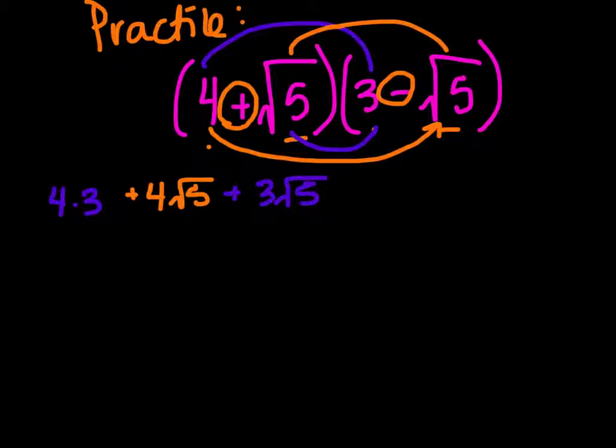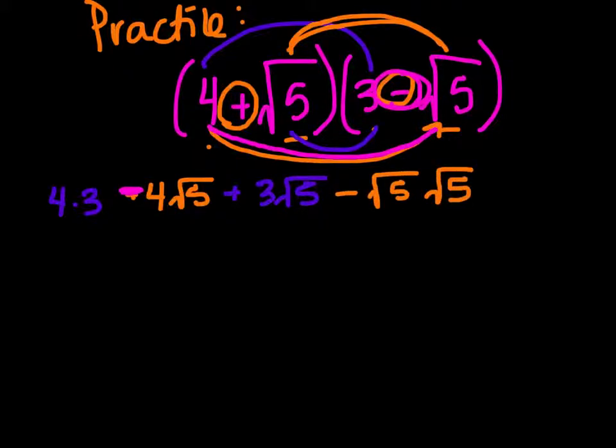If you noticed, I said for our outside terms, 4 times the square root of 5, and it's actually the square root of negative 5. So this should be a minus sign. So it's a negative 4 root 5. And then we have our 3 root 5, which is perfectly fine. There was a positive number there. And our last terms, 5 times the square root of negative 5. So that's negative square root 5 root 5.